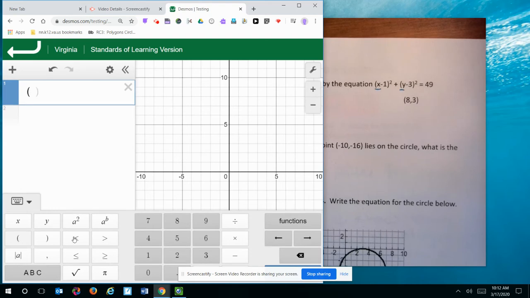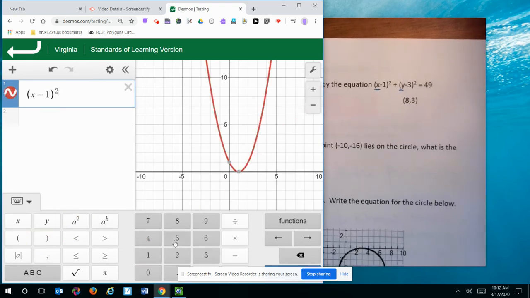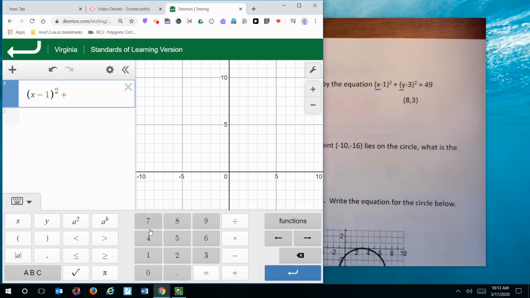So I'm going to plug in (x - 1)² + (y - 3)² = 49.